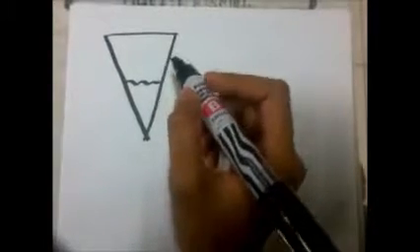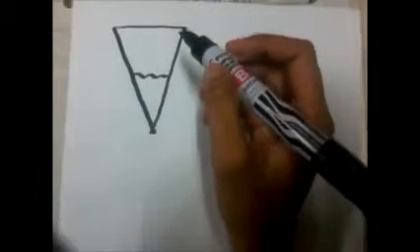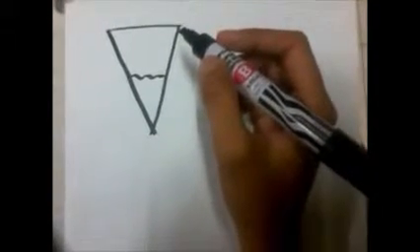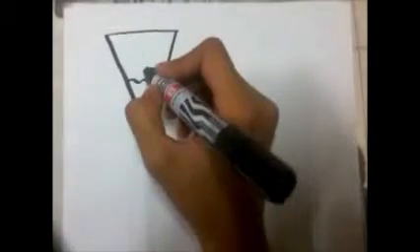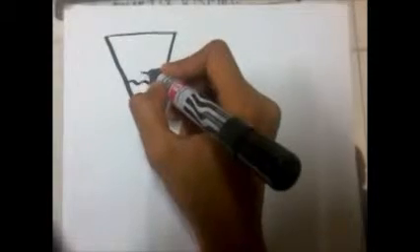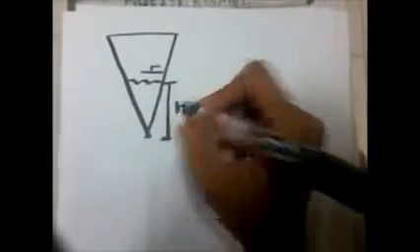So, the radius of the water cone at any time is given by r, and the height of the water cone at any time is given by h. So this is our r, and this height will be our h.